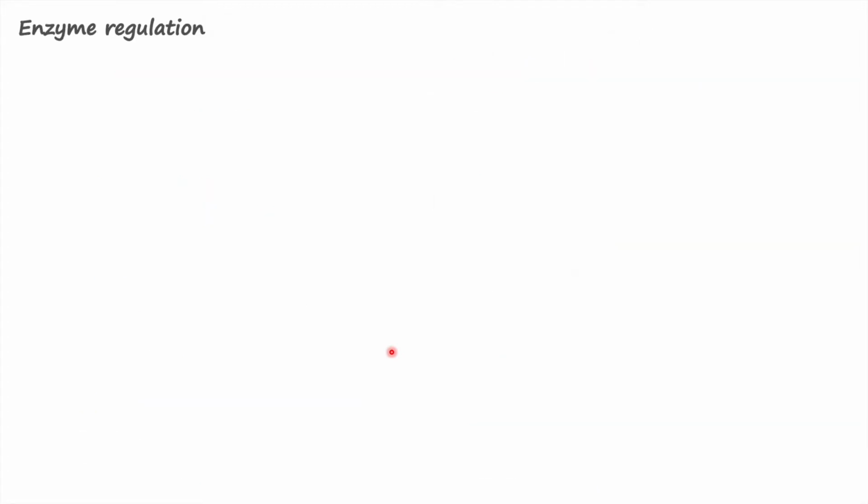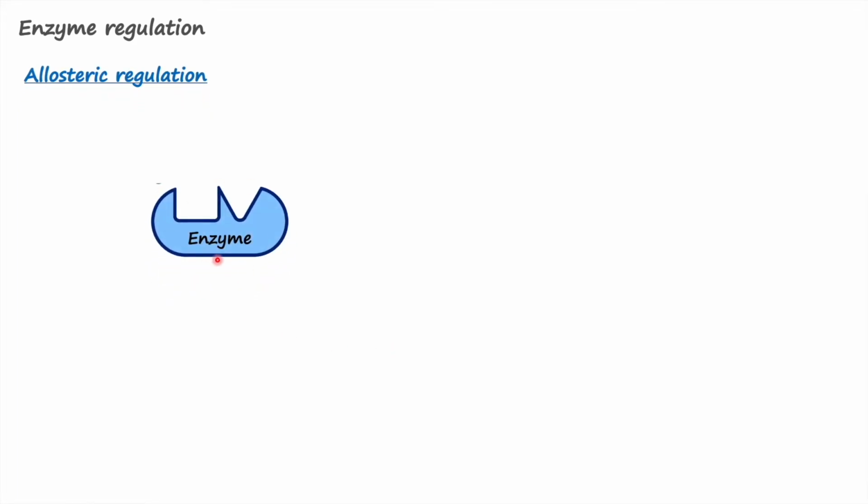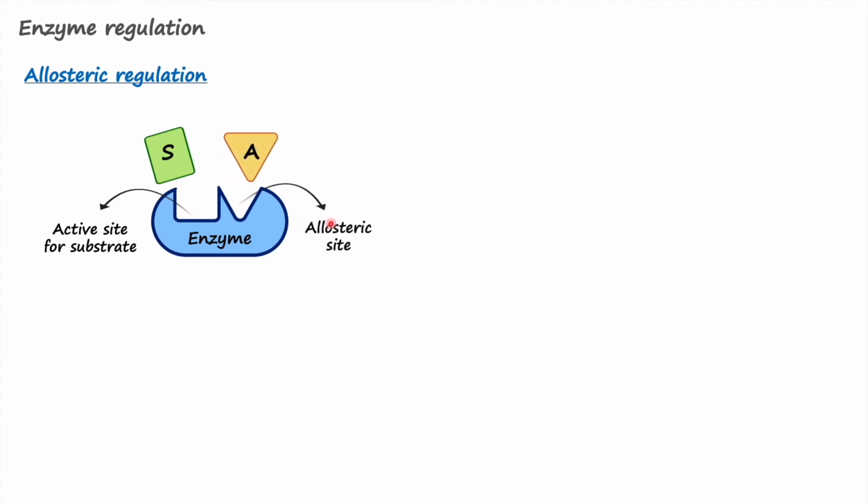The first mechanism of enzyme regulation is called allosteric regulation. In allosteric regulation, the enzyme has two binding pockets. The first one is called the active site. This is the site where the substrate binds to the enzyme, and the other site is called the allosteric site.